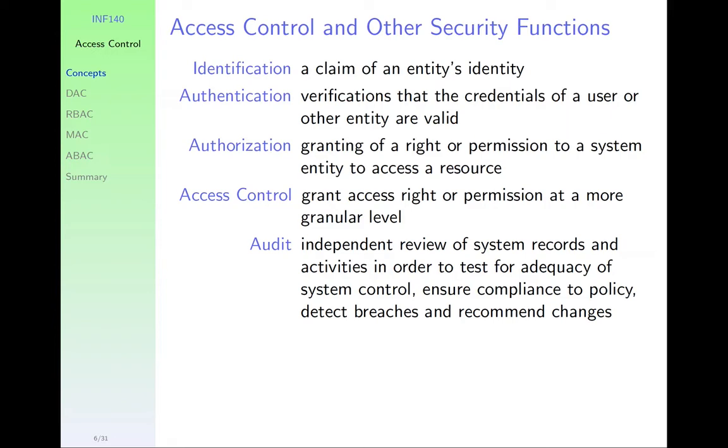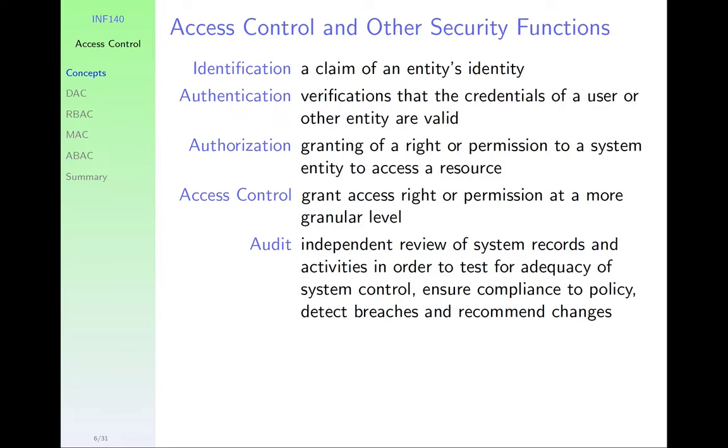With these 4 steps, an entity can access some resource in a system, but we need to make sure the entity did follow the rules. The entity cannot do something else. The system needs to make sure the resource is accessed in an authorized way.